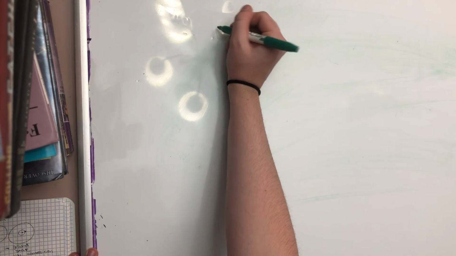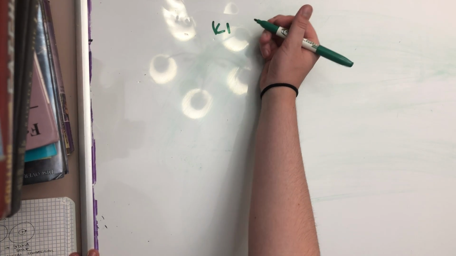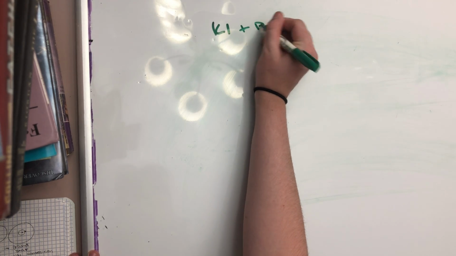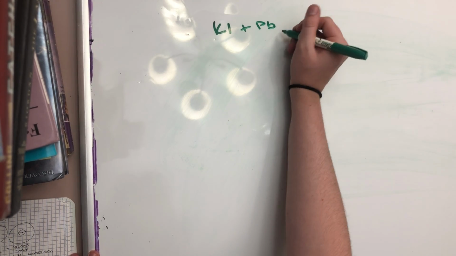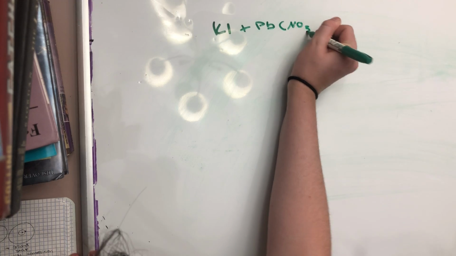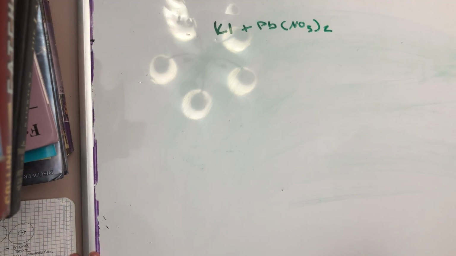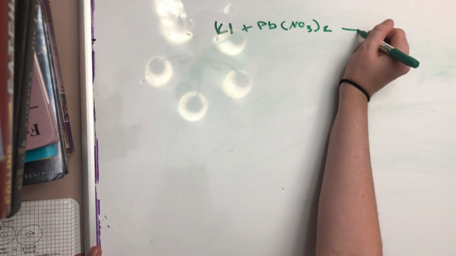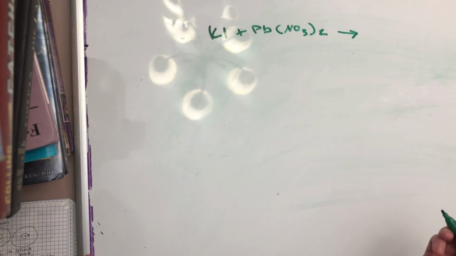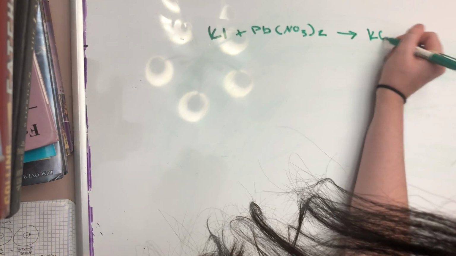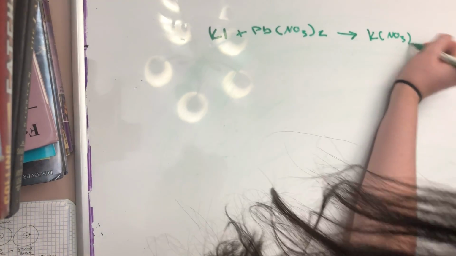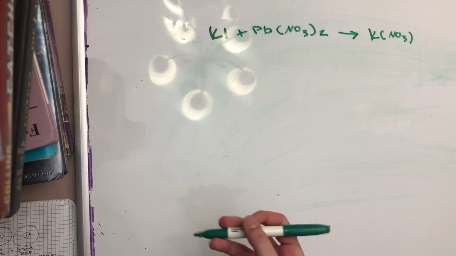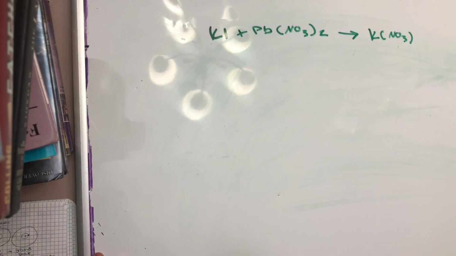This one's a little bit more complicated. It's going to be KI plus Pb(NO3)2 yields KNO3 plus PbI2.